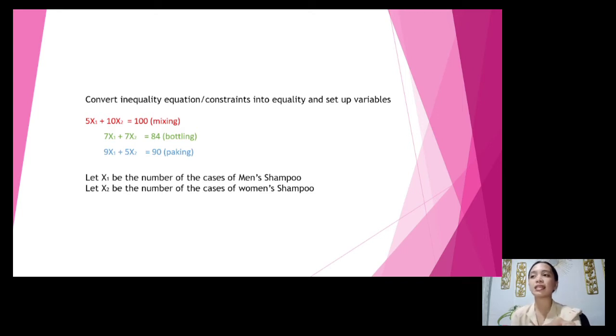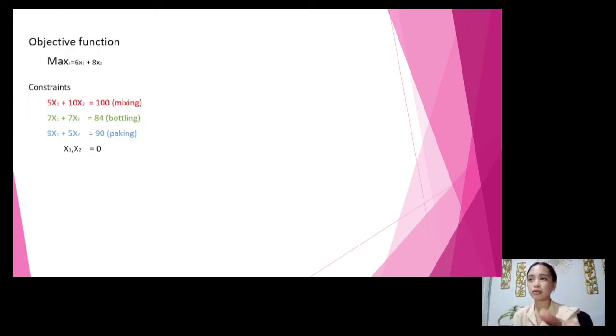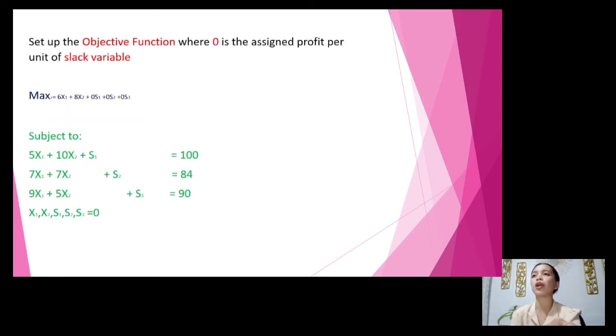So x sub 1 and x sub 2 are greater than or equal to 0. Next, set up the objective function where 0 is the assigned profit per unit of slack variable.